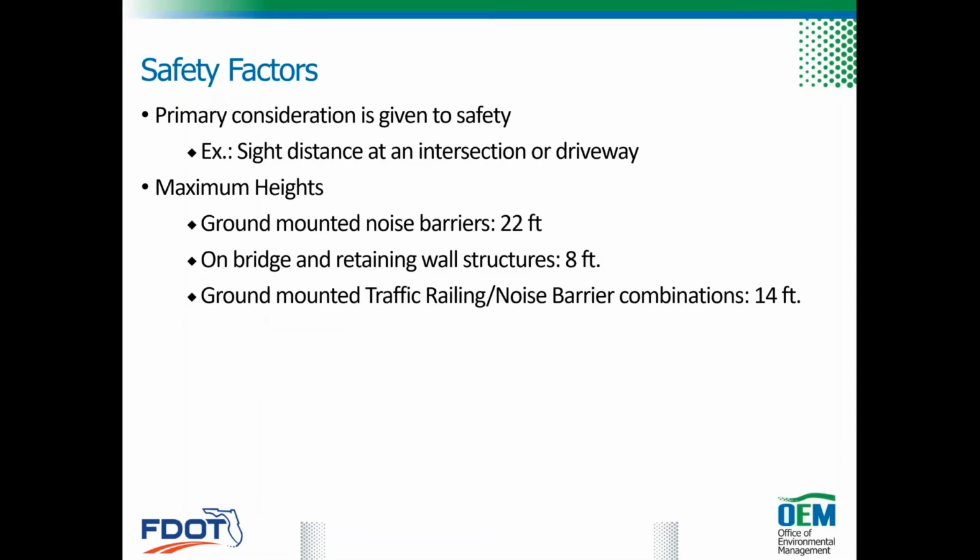Okay, safety factors, of course, are included, so you don't want to break into the sight distance of an intersection or driveway. The maximum height of a noise barrier would be 22 feet from the ground. On a bridge or retaining wall structures would be 8 feet. Ground-mounted traffic railing noise barriers, the combination thereof, is 14 feet.